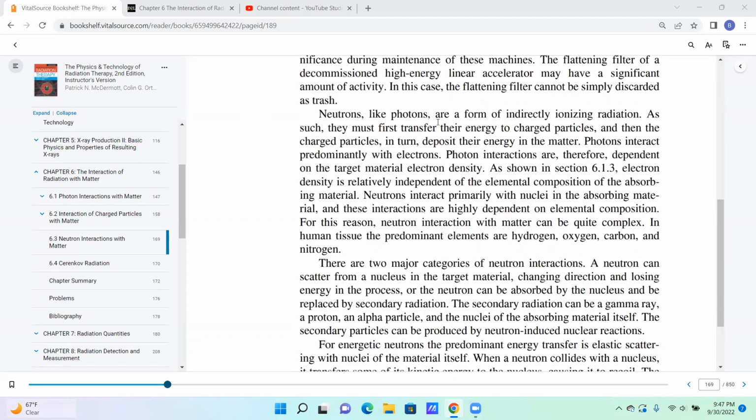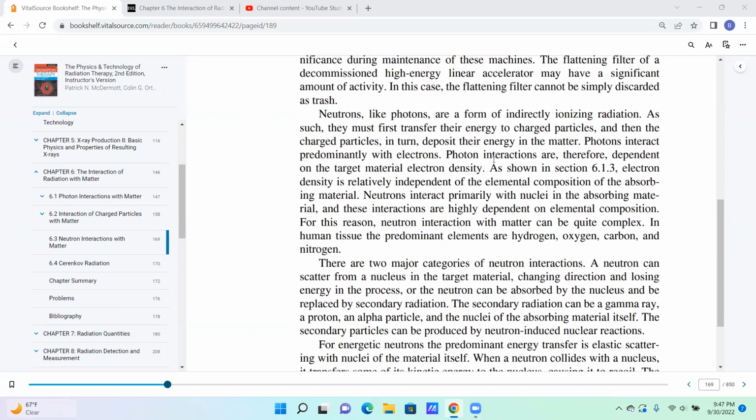Neutrons, like photons, are a form of indirectly ionizing radiation. So they must first transfer their energy to the charged particles, and then the charged particles deposit their energy in the matter. Photons interact predominantly with electrons.